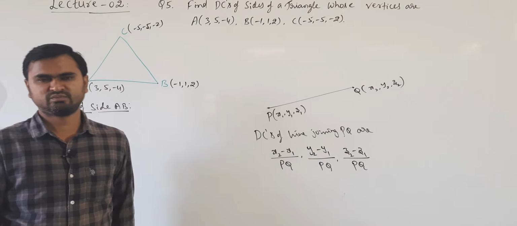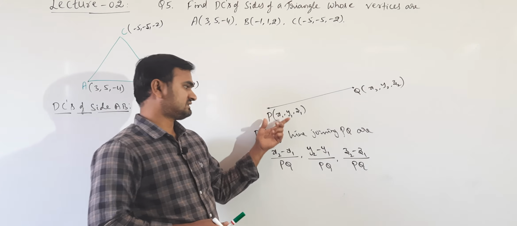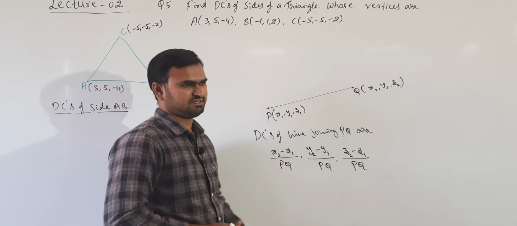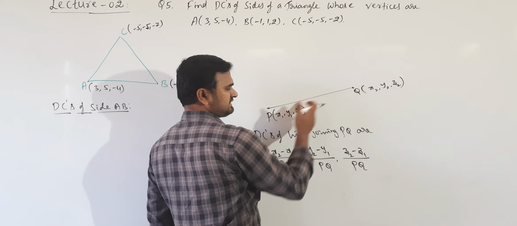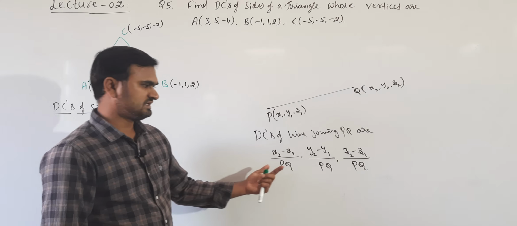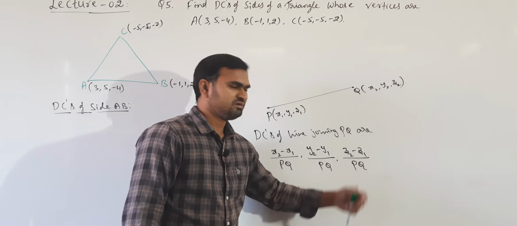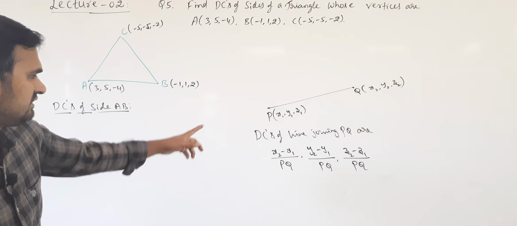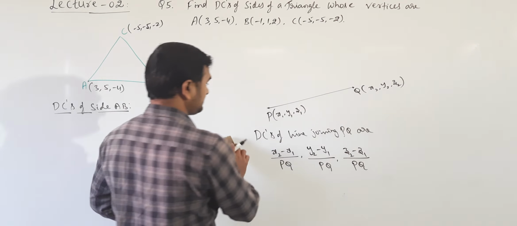This is the formula for finding the DCs of the line joining 2 points. If it is DRs, you can directly take x2 minus x1, y2 minus y1, z2 minus z1. But if you want DCs, you have to divide by the distance between the 2 points. Using this formula, we can write the DCs of AB directly.